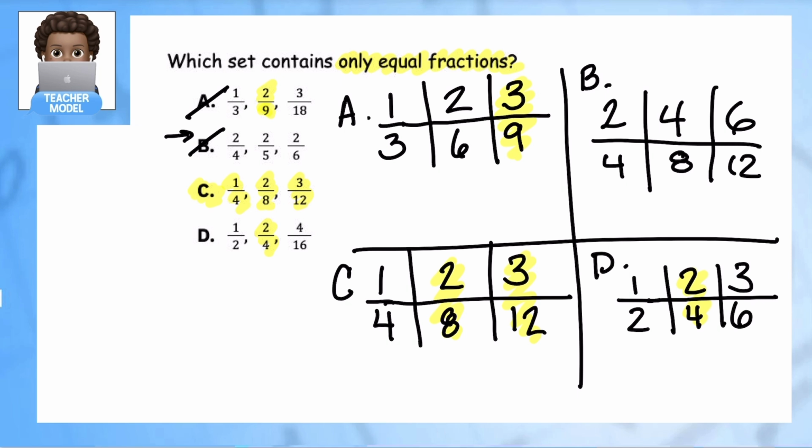So let's use our second strategy for that one. So here's 1/2. Let's prove 4/16. So how many 2's make 16? 8. So that means I need 8 to make it the same size up top. 8 times 1 is not 4. So nope, this one is incorrect as well.